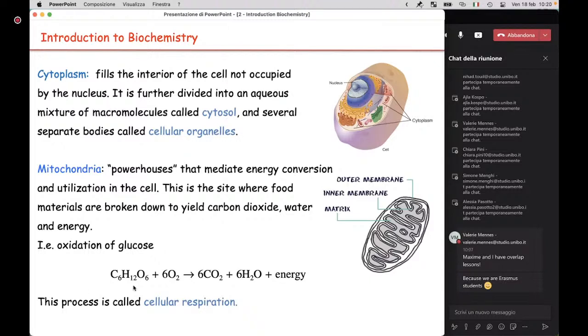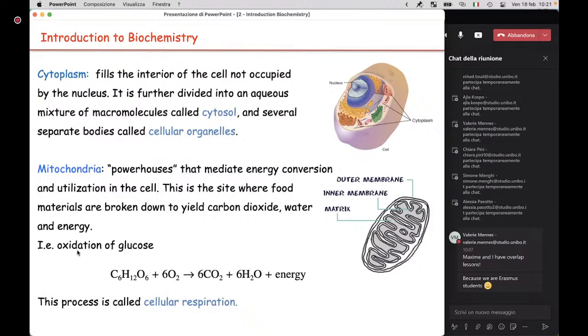So the energy contained in the chemical bonds of, for example, sugar, is released by the oxidation of sugar to carbon dioxide. Here we say oxidation, even if I previously said that purely oxidation reactions don't exist.